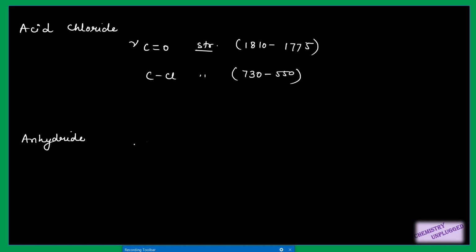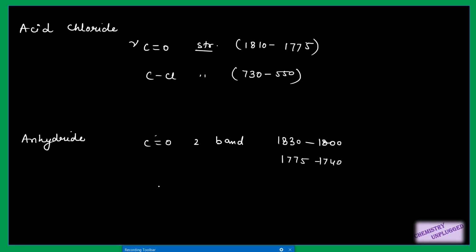For acid anhydride, as I told you earlier, you will have two bands. The first band is close to 1830 to 1800, and the second band will be close to 1775 to 1740, right?